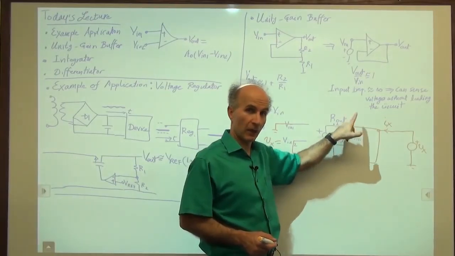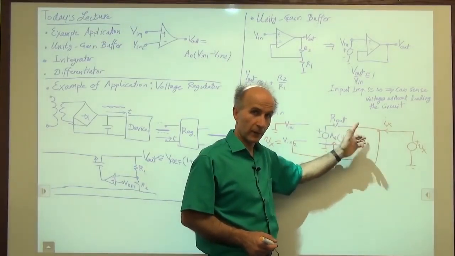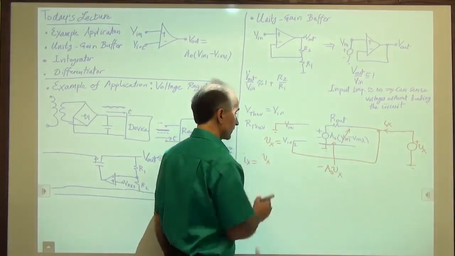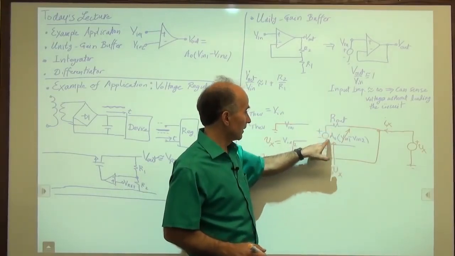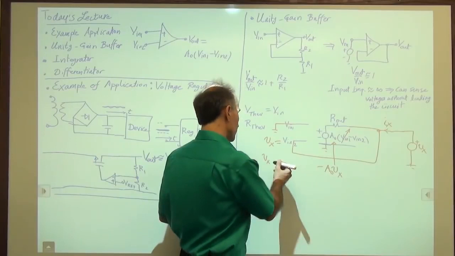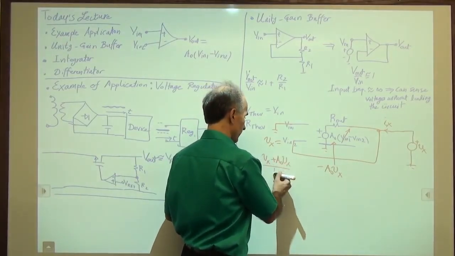And that current is given by this voltage minus this voltage divided by R out. This voltage is Vx, so it's equal to Vx minus this voltage. This voltage is minus A0 Vx, so plus A0 Vx divided by R out.